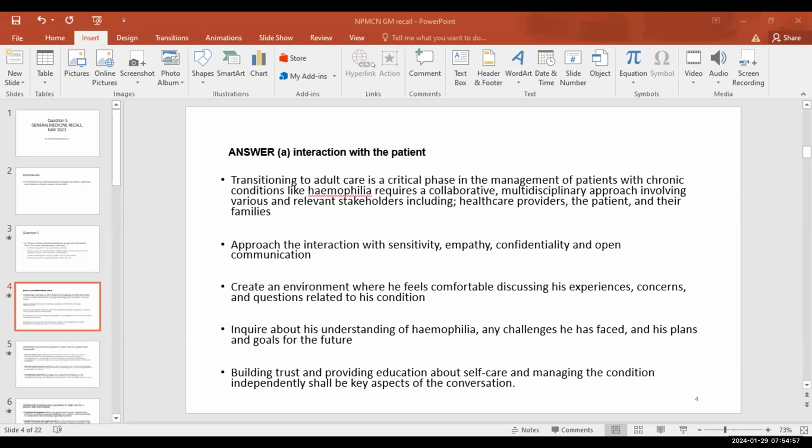Also, besides that he has been with the disease for so long, you're supposed to interact with him about what he knows about the disease. Did he know the type of hemophilia? If he tells you what he knows, then you fill in the missing gaps.